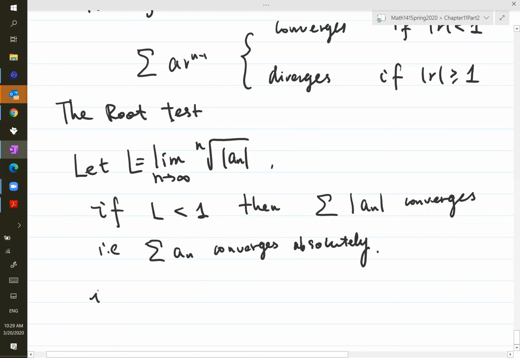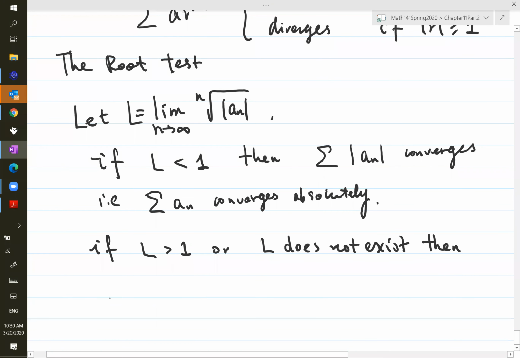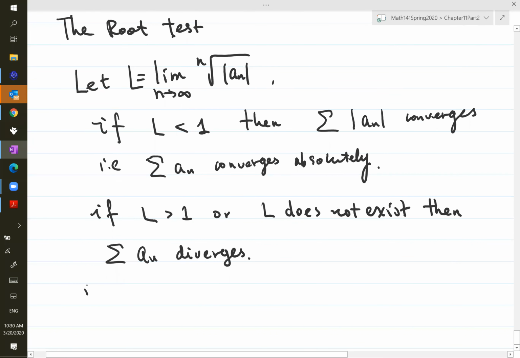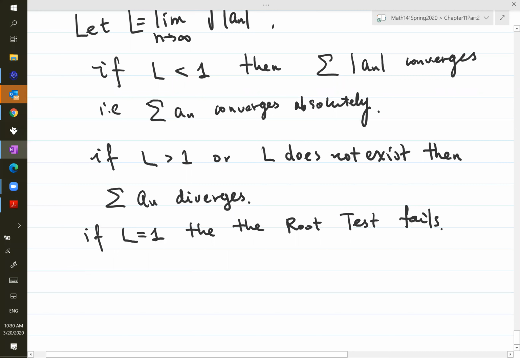Now, if L is greater than 1 or L does not exist, then the series diverges. If L equals 1, then the root test fails.